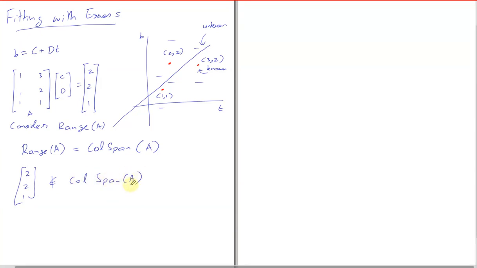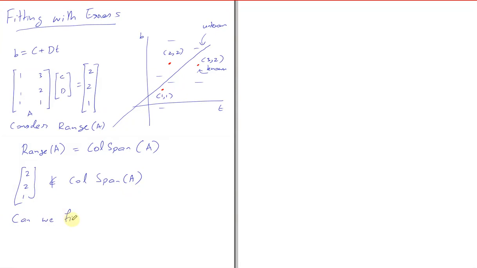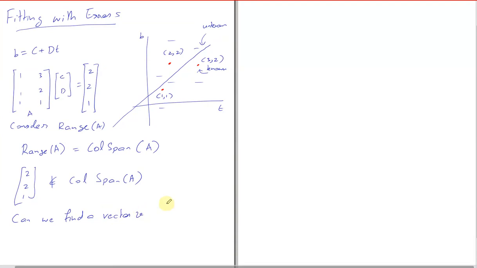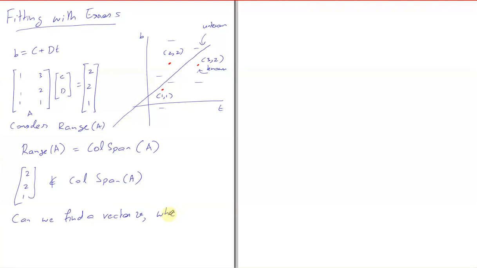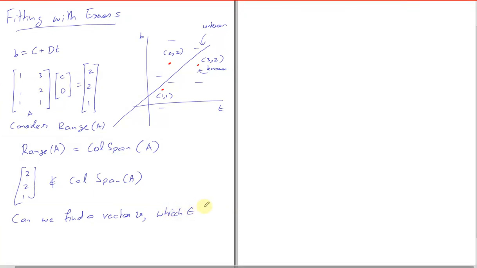So maybe instead of choosing the (2, 2, 1) vector, we will find a vector which is closest to this, that is in the column span of A. So can we find a vector V which belongs to the column span of A?